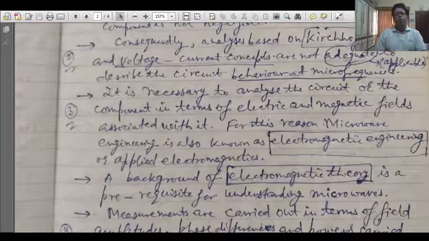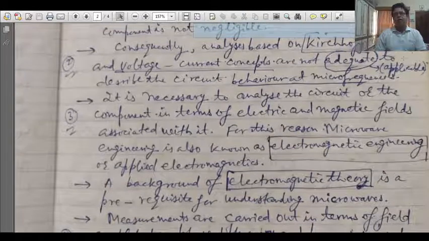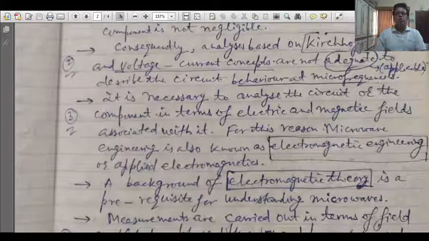Number 2. Consequently, analysis based on Kirchhoff's law and voltage-current concepts are not adequate to decide the circuit behavior at microwaves.